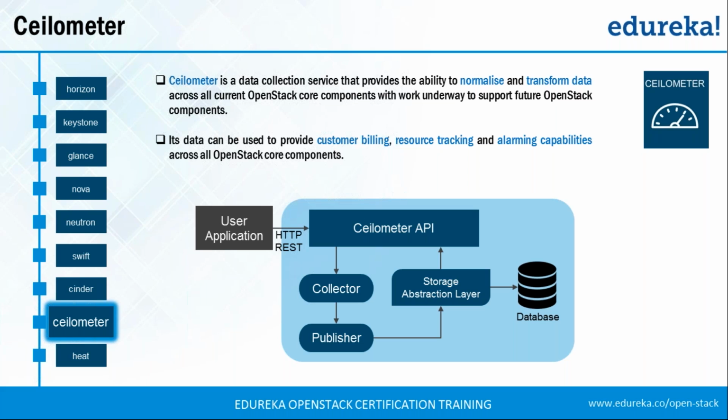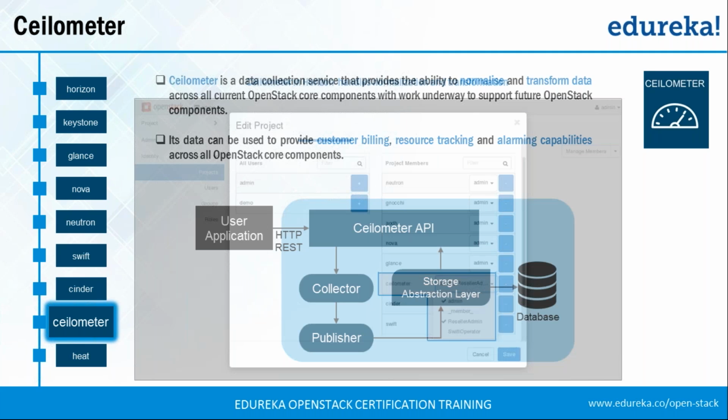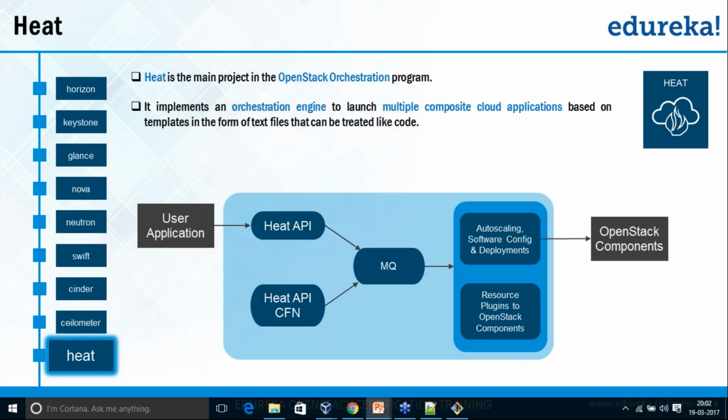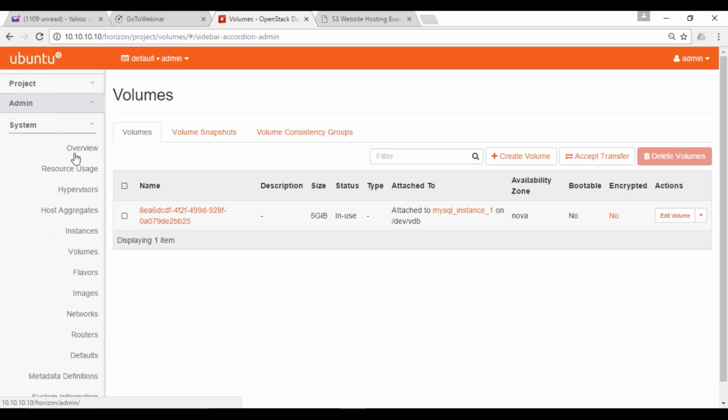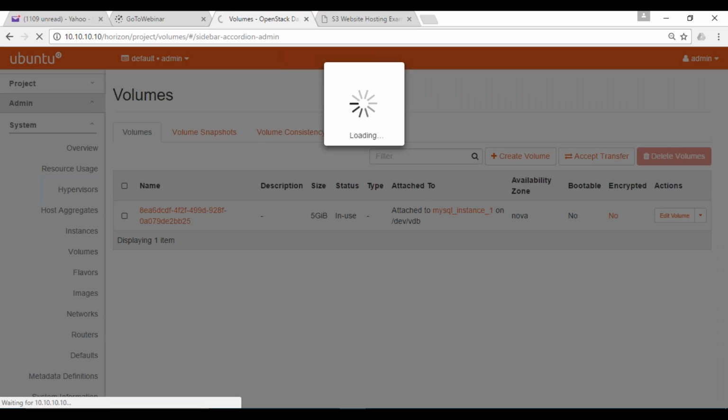So the Ceilometer service is capable of capturing metrics related to the services that the user provisions, like a Nova instance or a load balancer or something. And based on the captured metrics, the Ceilometer's alarm service can raise an alarm if necessary. Otherwise, it will provide user usage details. And at this point, the Ceilometer service is only available for the administrator users. So we have to look at the admin tab and go to the resource usage.